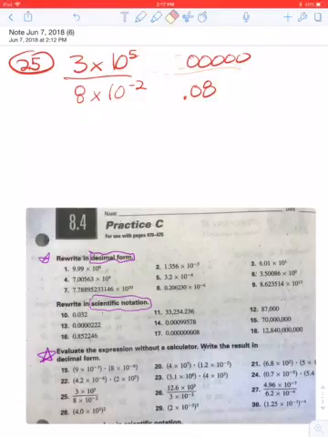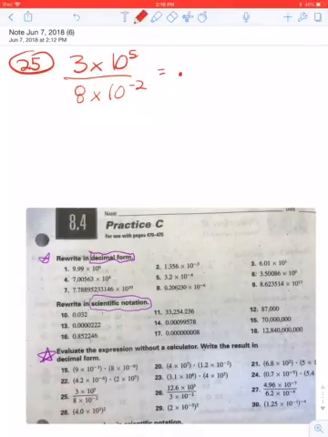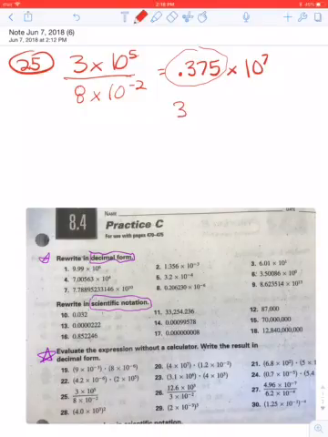But I think a better way to do it is to apply our rules. So in a calculator, we would go 3 divided by 8, or in your head, I'm going to try to do it in my head. I think that's 0.375 times, and then we take our rules from the last couple days. When we're dividing exponents, we have to subtract, so 5 minus a minus 2 is 10 to the 7th. So again, this is not in between 1 and 10, so I need to make it between 1 and 10.